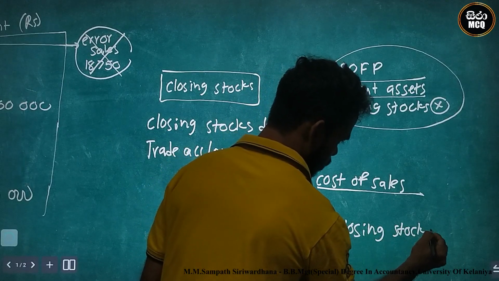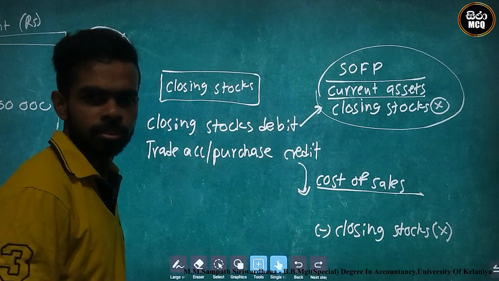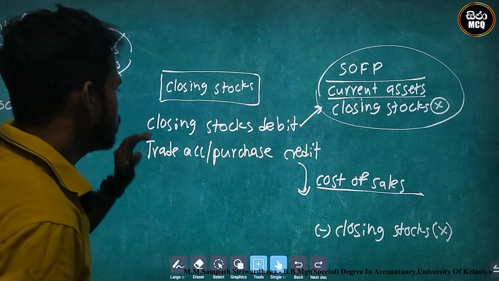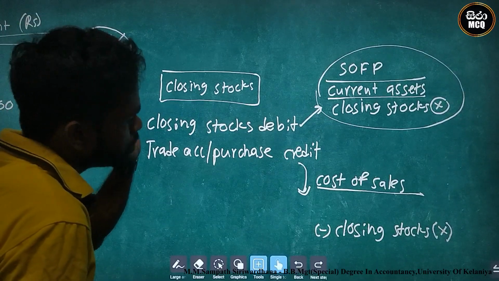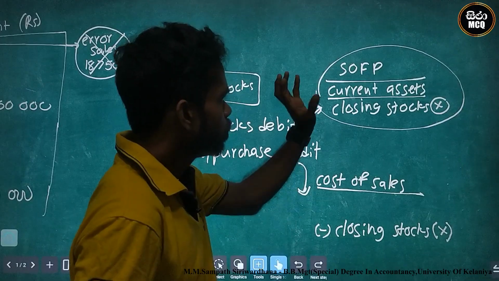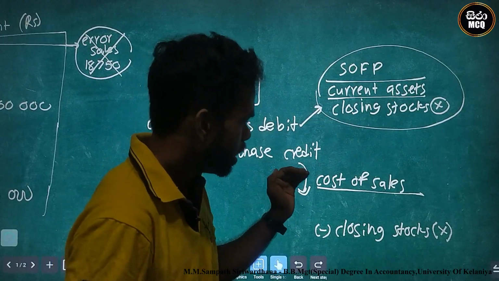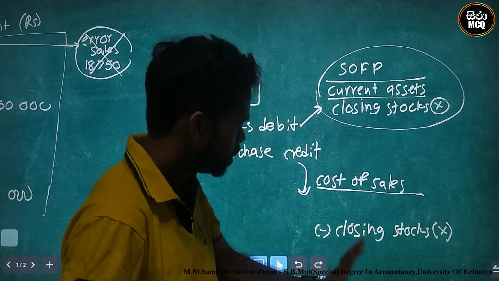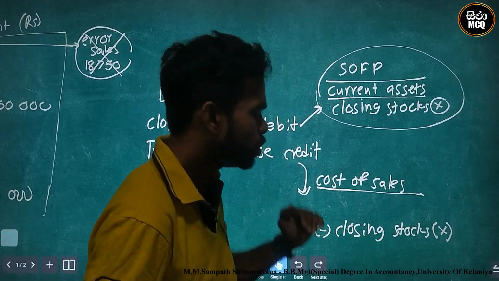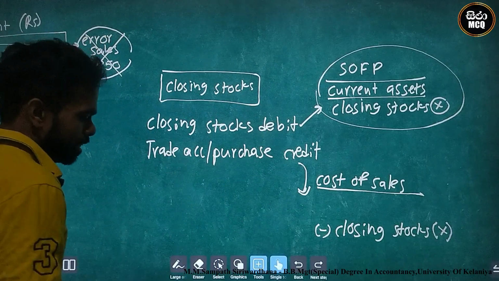This is the destination of closing stock, the minus deduction. So closing stock debit goes to the SOFP, statement of financial position, and the credit must be included in the cost of sales as a deduction. This is the closing stock double entry.